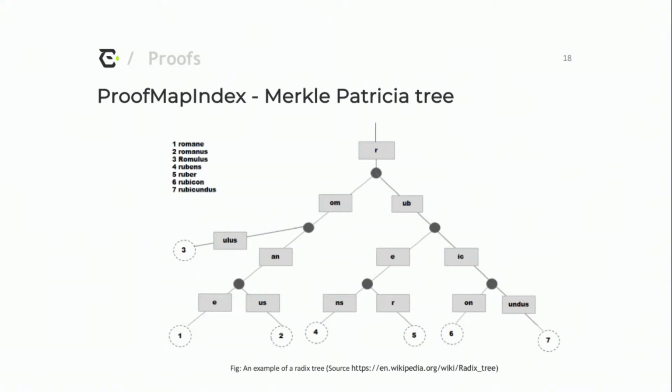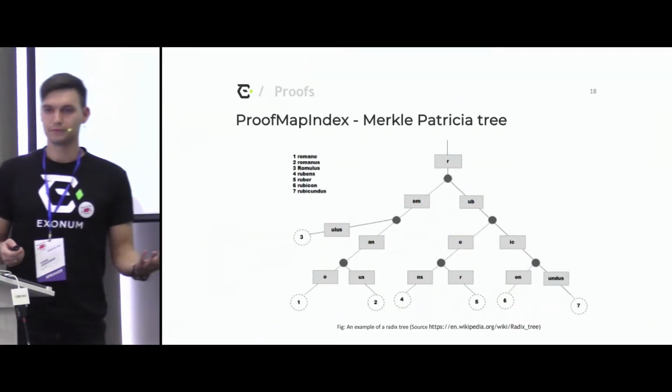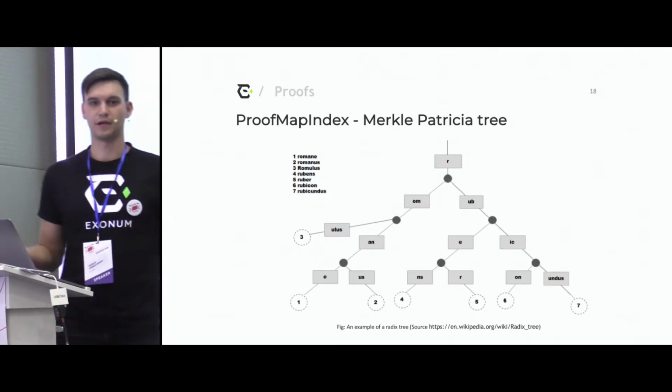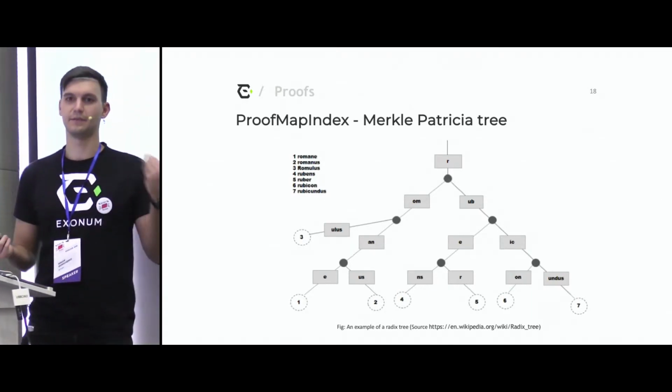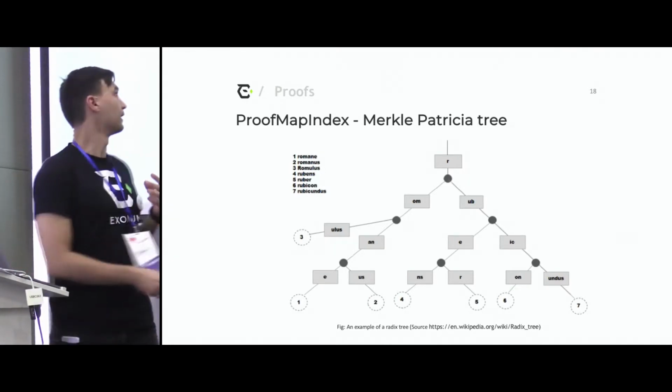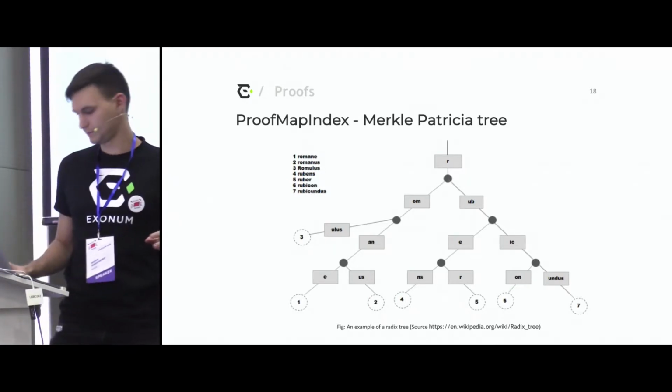For example, if we want to search for the value encoded with the index Romain, we will follow this path, and on this path we will have some similarities, and this way we can find the switches. Whereas for the Merkle Patricia tree, for the index we use a hash, and the mechanism is kind of the same, but the index is a hash.